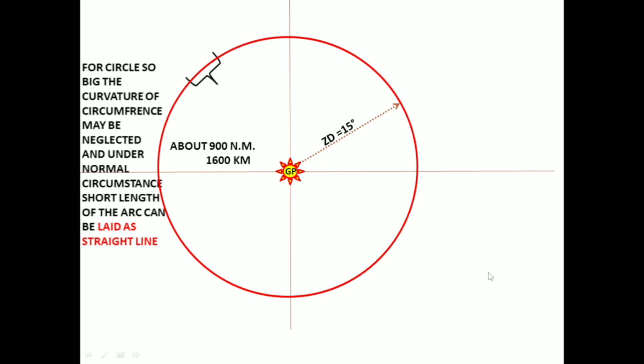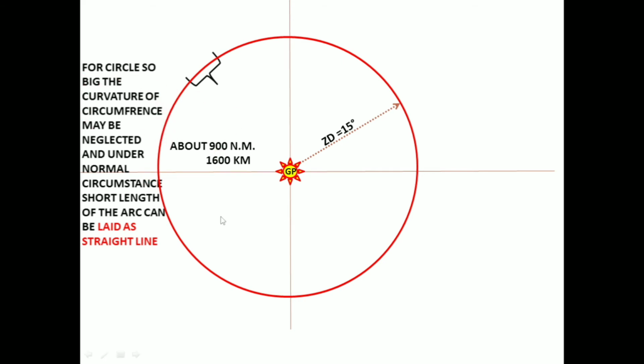Now actually you would be knowing where you are, your DR also you should be knowing. Then we know our zenith altitude. So basically we are interested in only a very small part of the circle. And with this circle over this big a radius, a small part of the circle can be taken as a straight line, and you can forget about the curvature of the circumference.